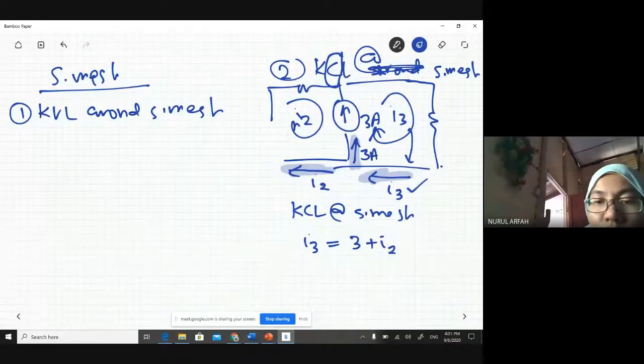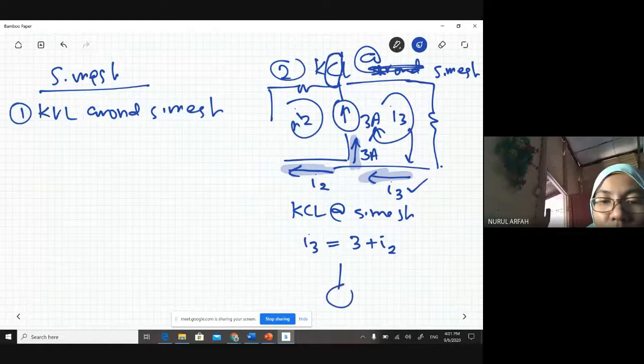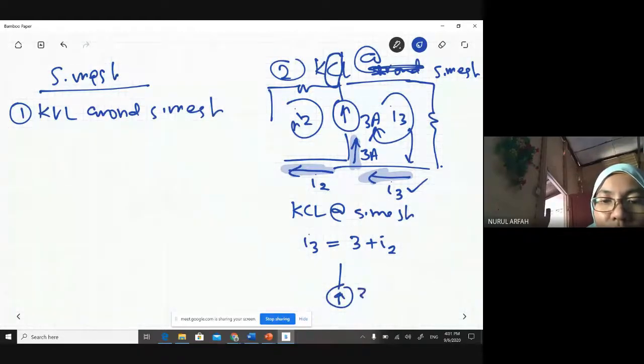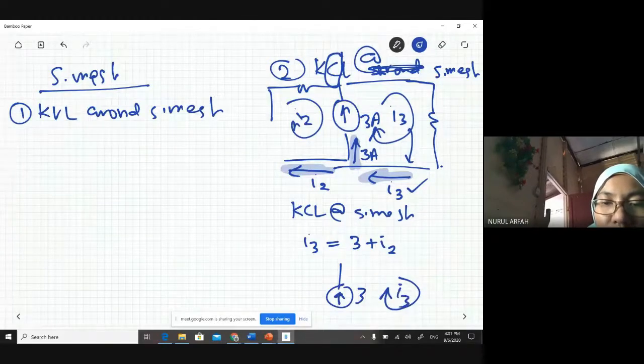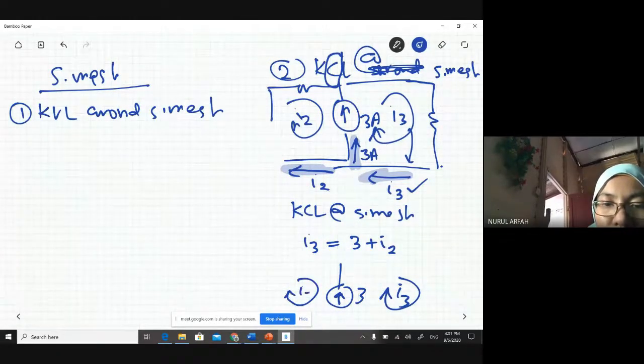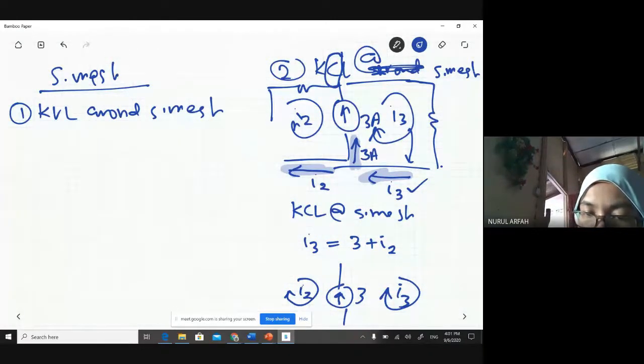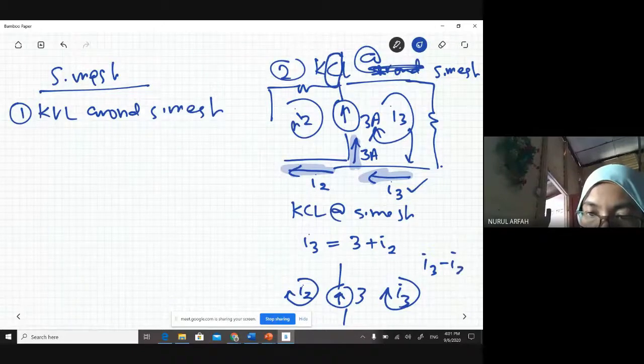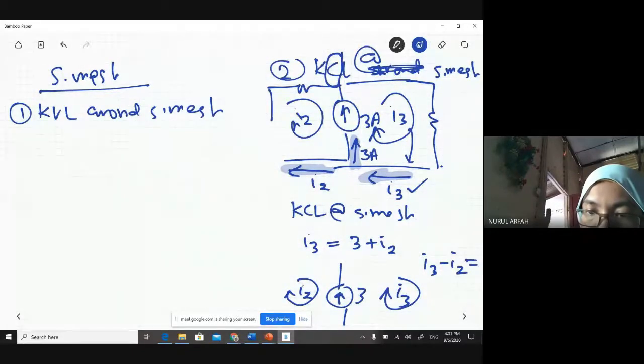Or you can do the one I taught you in the class. This is 3, and look at the direction of the current of your imaginary loop. The same current, which is I3, minus the opposite current, which is I2, should be equal to 3.